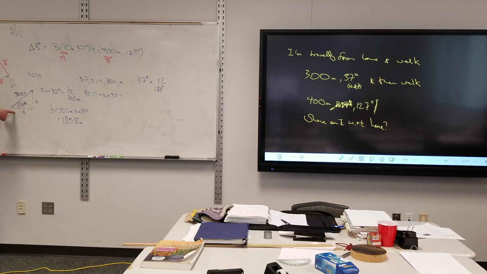And A, because it's the adjacent, the cosine of 37 degrees would be A divided by 300. Or A is just 300 meters times the cosine of 37 degrees.